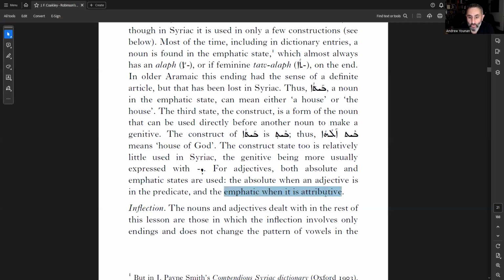So the emphatic is when it's attributive. When you're using an adjective to describe something, you use the emphatic state. When you want to say the house is beautiful, you say shapir. You get rid of the a at the end. So that's the absolute state. If you want to say the house is beautiful, you say shapir beita or shapir u. You want to use the copula. So that's the adjective.